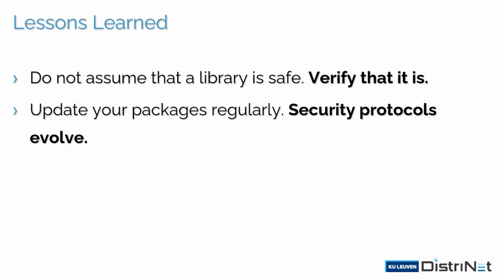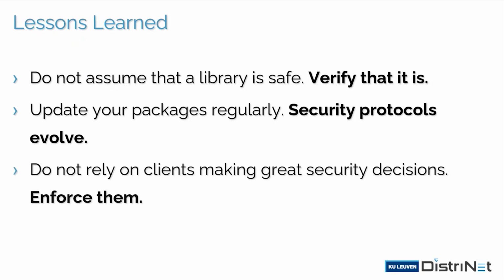Second, update your software. We've seen implementations that we know are over a decade old, because they are talking about specifications that were published, I think, in 2011. So yeah, that's obviously a bad idea, right? Because OAuth evolves and new attacks pop up from time to time. Third, do not rely on the clients to do everything correctly, because they typically don't.